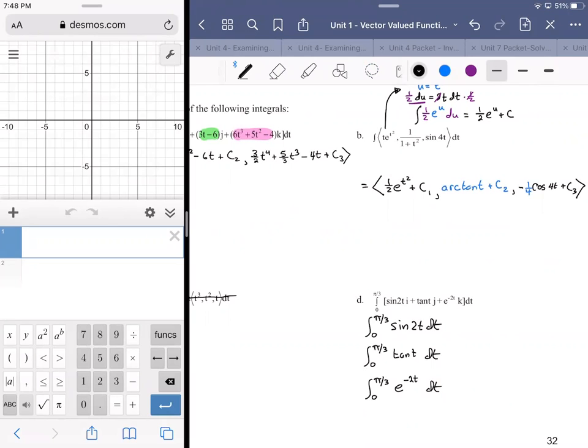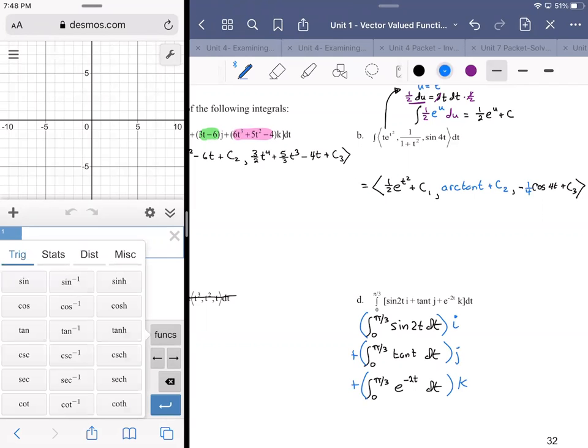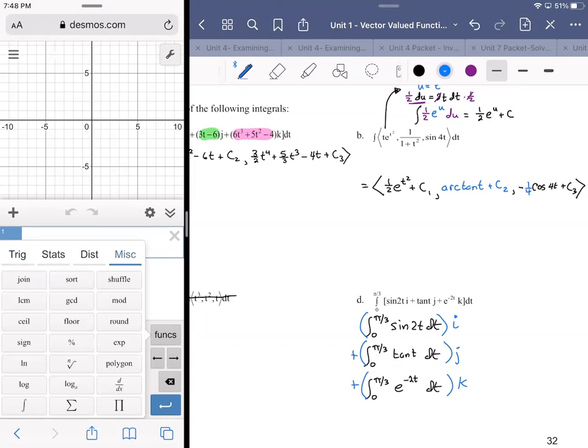All right. And so whatever we get as a result here is going to be the coefficient of i, the coefficient of j, and the coefficient of k. So it's just a matter of crunching that out in the calculator. That stuff I don't ask you to do by hand. Right? Anything that involves definite integration, you don't have to do by hand.